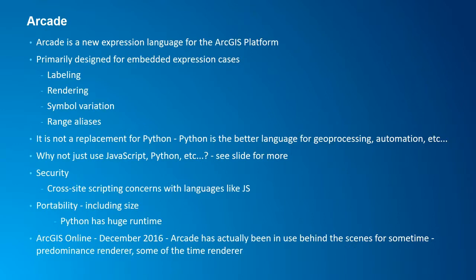Python's still going to be used for geoprocessing and automation of tasks and scripting certain things. But Arcade's a nice way to kind of automate and set up different types of rendering. This technically isn't completely new. It's been behind the scenes on ArcGIS Online since 2016, and we're supporting it even more now across our platform.